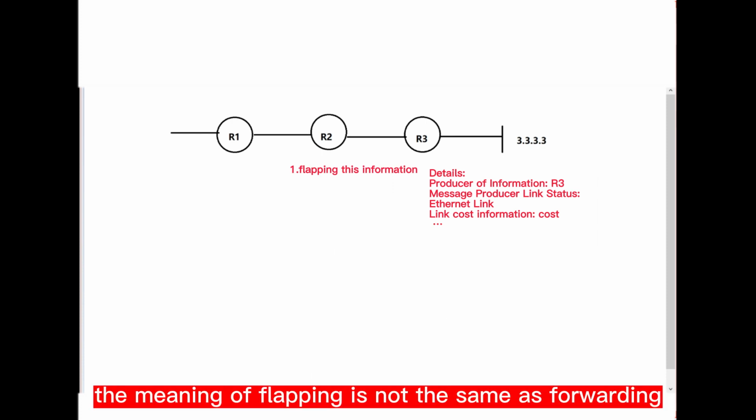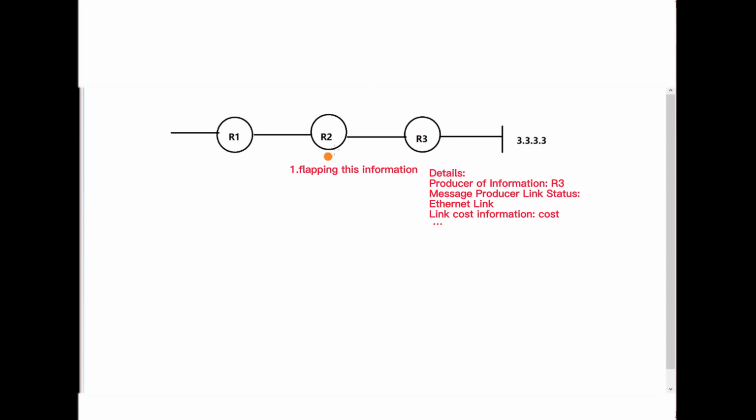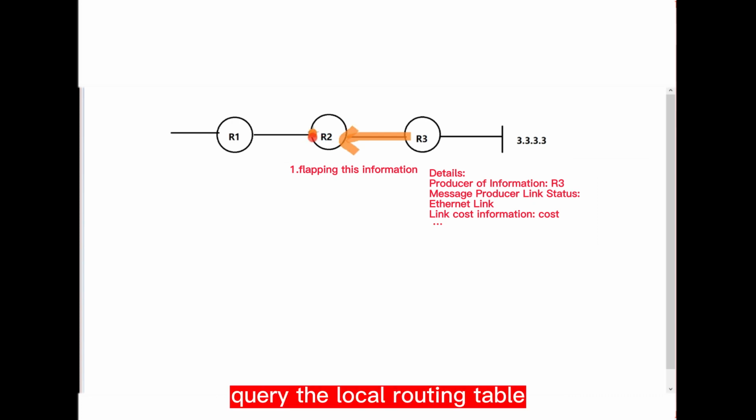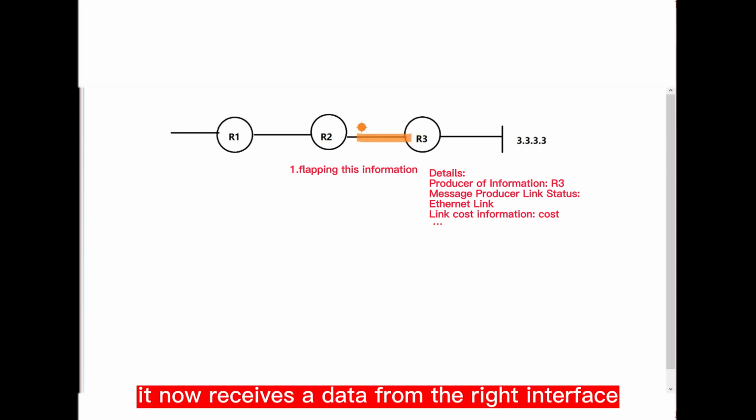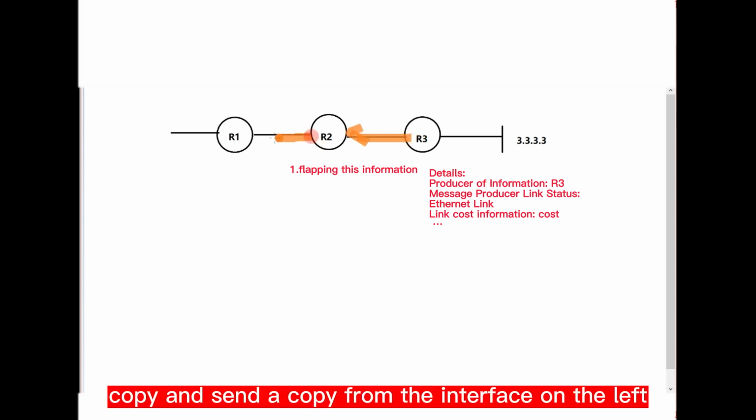The meaning of flooding is not the same as forwarding. Router-based forwarding is: received a data, query the local routing table, query the next hop, then forward it. That's called forwarding. Flooding refers to: it now receives a data from the right interface, copies it, and sends a copy from the interface on the left.